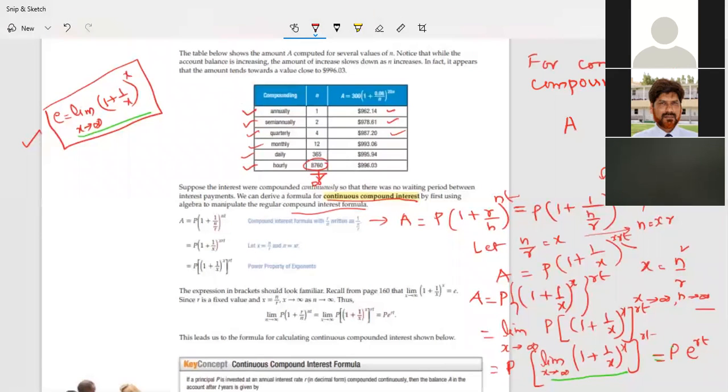If the question says the compound interest is continuous, we can use this formula: P into e to the power RT.